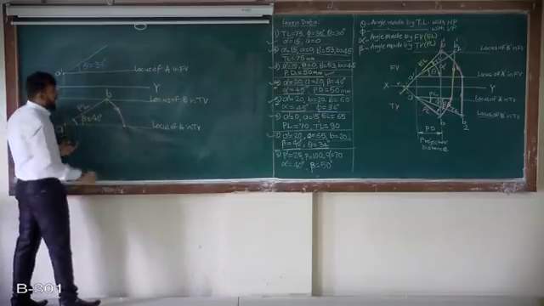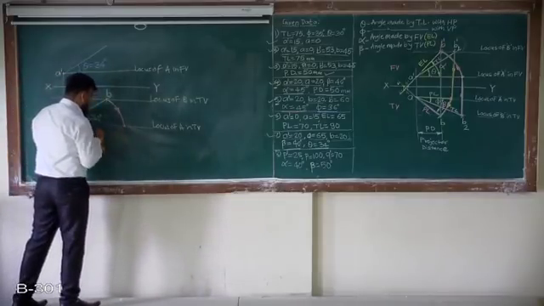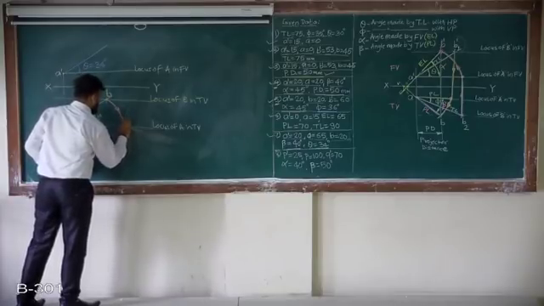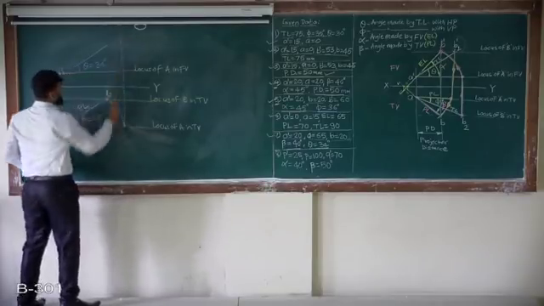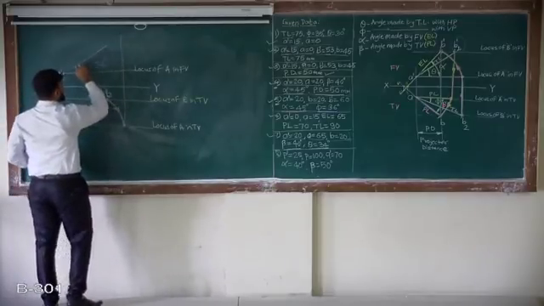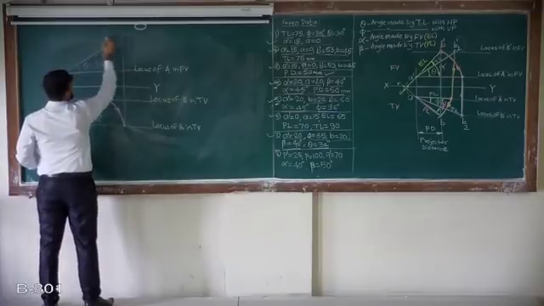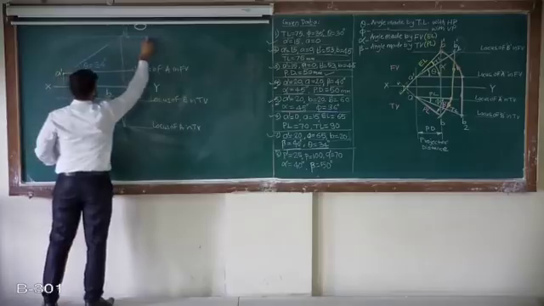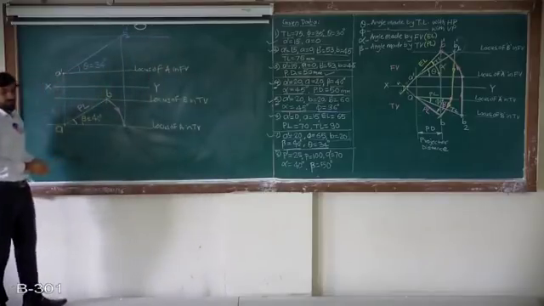So onto the locus of A, and then take a projector of this point, project in the front view. So make it PL parallel and project on theta line. This point will be B1 dash and draw the locus.